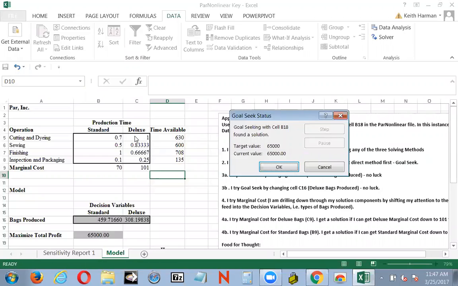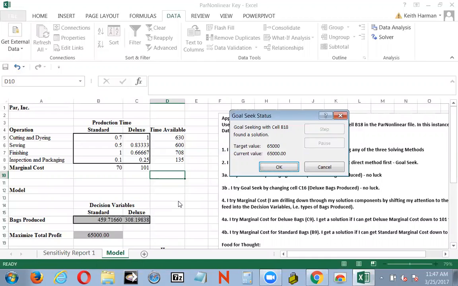which means up here, I'm going to have to change something in terms of the cutting and dyeing, because in order to decrease the marginal cost, and marginal cost, of course, is the cost for each additional unit, I'm going to have to reduce the production time for one or more of the operations that are connected to making the deluxe bags.